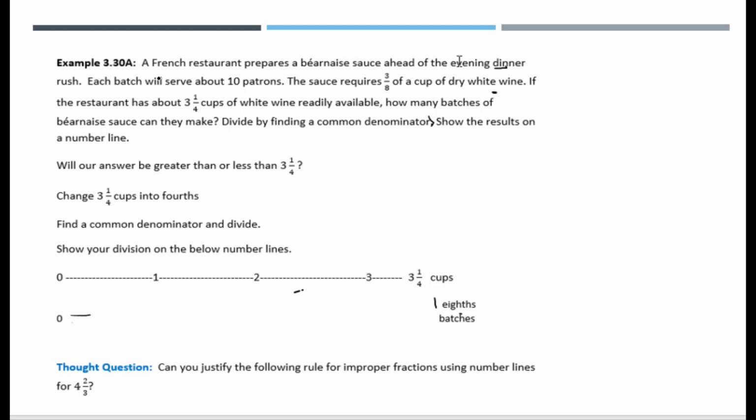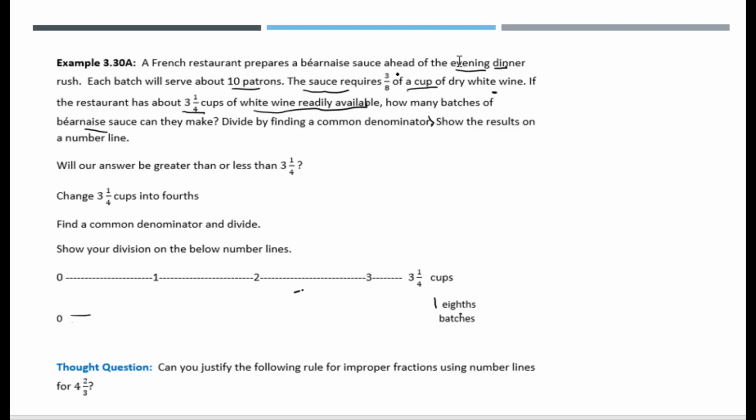So let's look at this example. It says a French restaurant prepares a béarnaise sauce ahead of evening dinner. Each batch will serve about 10 people. The sauce requires 3/8 of a cup of dry white wine. If the restaurant has about 3 1/4 cups of white wine readily available, how many batches can they make?